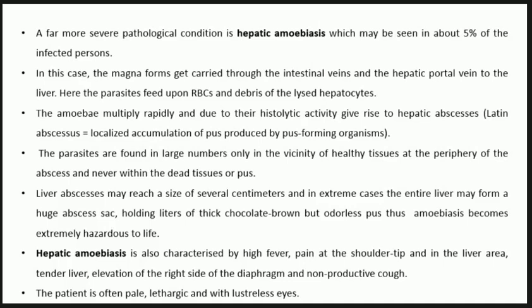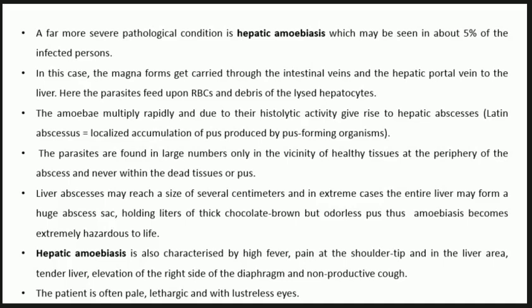So if this magna form enters into the blood through the capillaries and gets transferred to the liver, now there you will have some other conditions, and that is called hepatic amoebiasis. So if this Entamoeba histolytica starts infecting the liver, then that part is called hepatic amoebiasis.